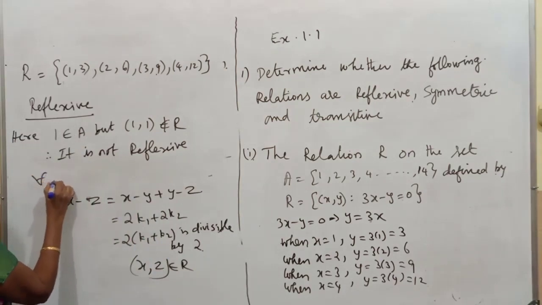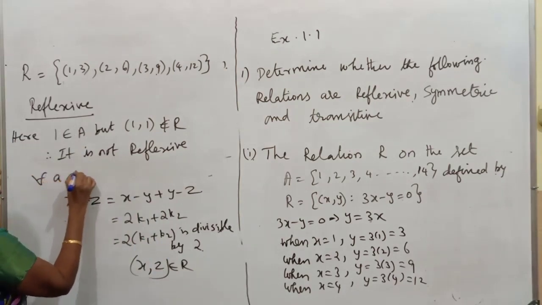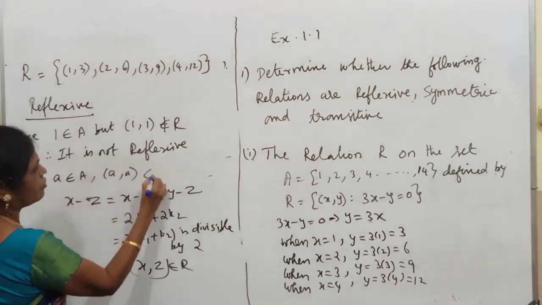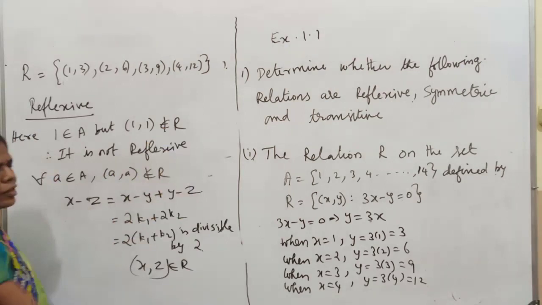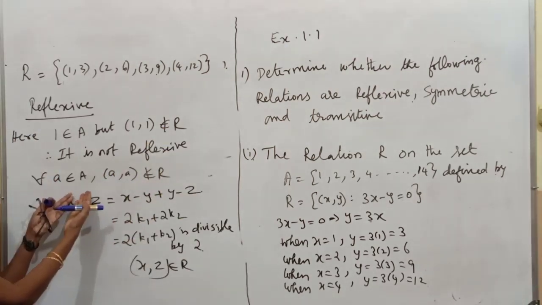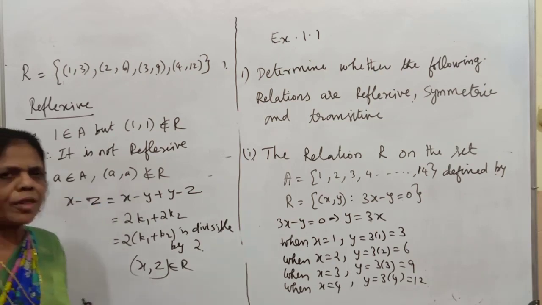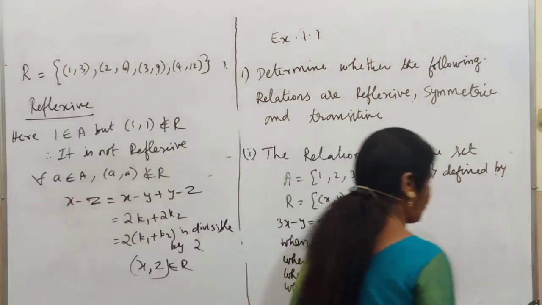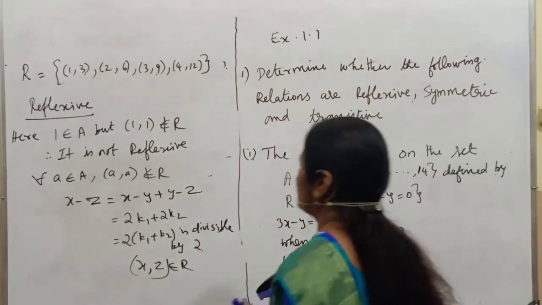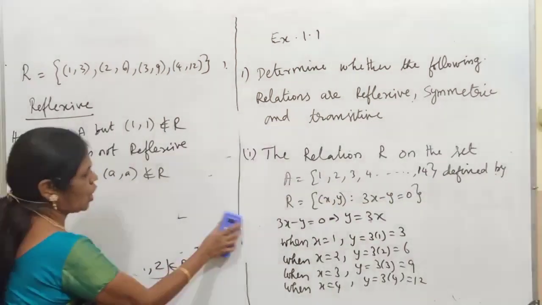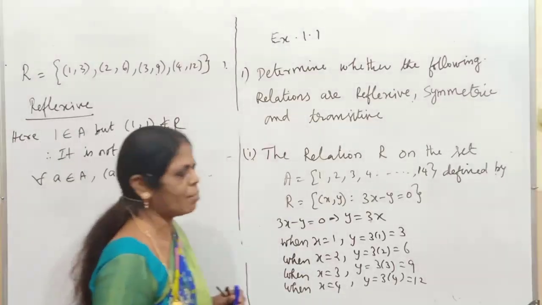For all a belongs to the set A, (a, a) does not belong to R. This is also another way of writing. For every element in A, there is no (a, a) belonging to R. Therefore, it is not reflexive. You can represent this way also. So, no need to waste your time. Whenever it is not true, just give one example.